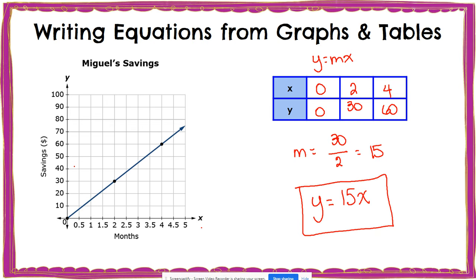This means that if I want to find the total amount in Miguel's savings account, I'm going to multiply 15 times the number of months. I can deduce from this that Miguel saves $15 in his account every month.